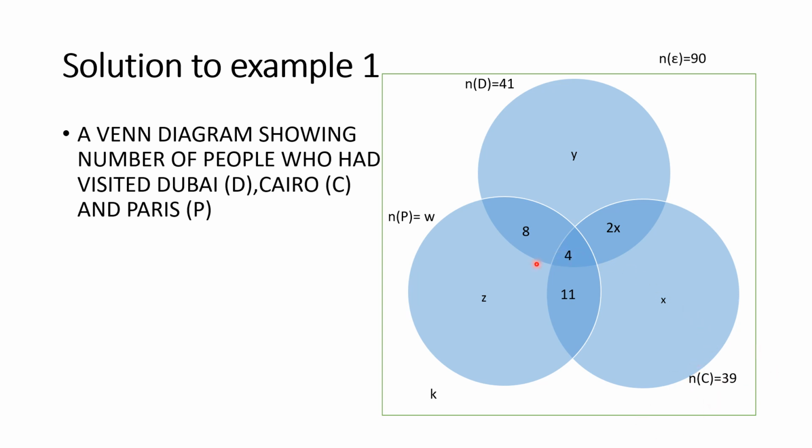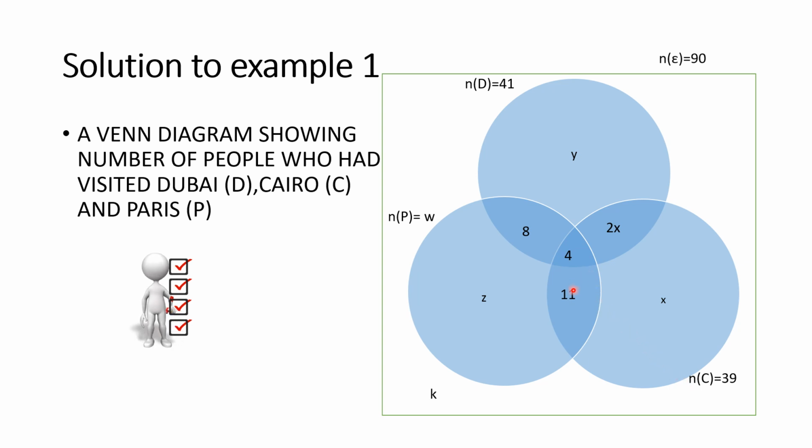It's better when you are inserting your data on a Venn diagram, you start with the region for the intersection of the 3 sets. It's better you start with that one, because after putting here a 4, you can now detect this 11, because they are saying that 15 had visited Paris and Cairo, but not 15 had visited Paris and Cairo only.